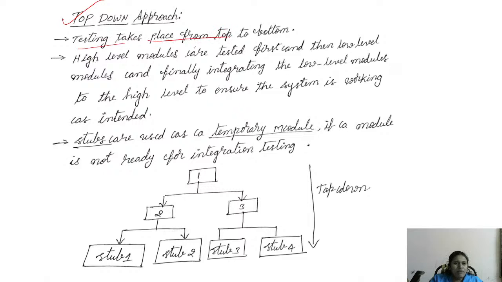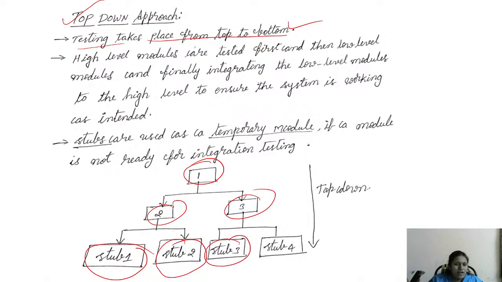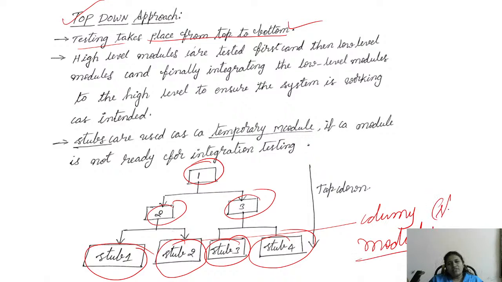Testing takes place from top to bottom. This is module 1, this is module 2, module 3. The down modules are not ready, still some modules are not ready here. That's why we are taking dummy modules here. These are called stubs.